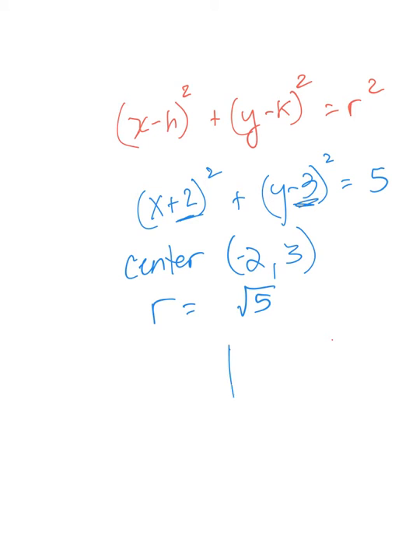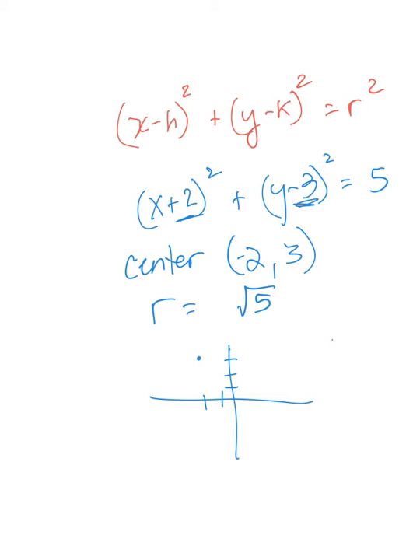So when we go to graph that, we find the square root of 5. It's 2.23, so 2 1/4 about. So when we do that, we graph the center, which is negative 2, 3, right here.